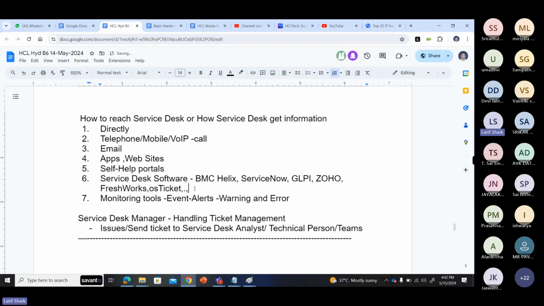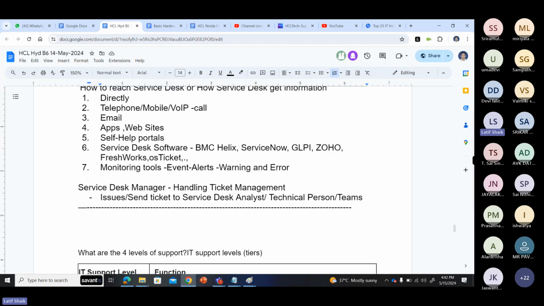Like this, different types of ticketing software are there. Some are free, some are not, so you have to choose. Some are cloud based, some you can install. So these are the software that will provide it.